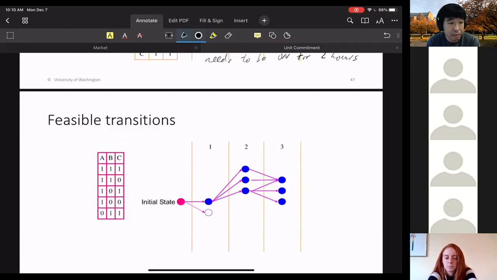First, we ruled out combinations that are not feasible for the load. Then we ruled out transitions that are not feasible because of minimum up and minimum down requirements on the generators. We rule these out. So what we're left with is all these purple paths that are possible for us. Those are possible. Any questions about this procedure?